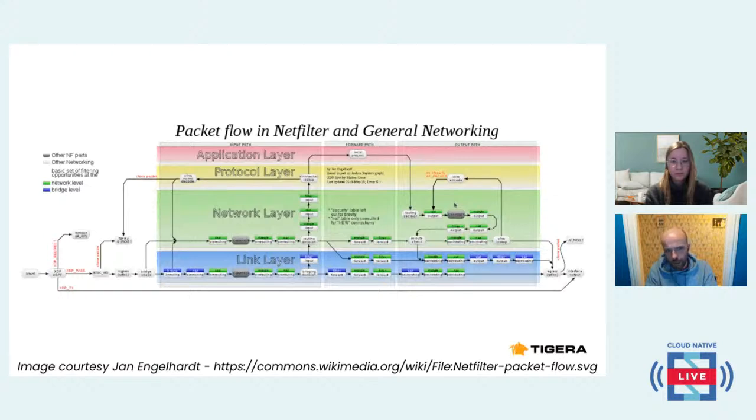eBPF is a technology that allows code to be attached to hooks in front of and after this flowchart. I don't know if you can see my mouse pointer or not. Yes, we can. Great. So with eBPF, you can attach our networking code at these hooks before and at the end of the packet flow, and you can actually do the networking outside of this flow.